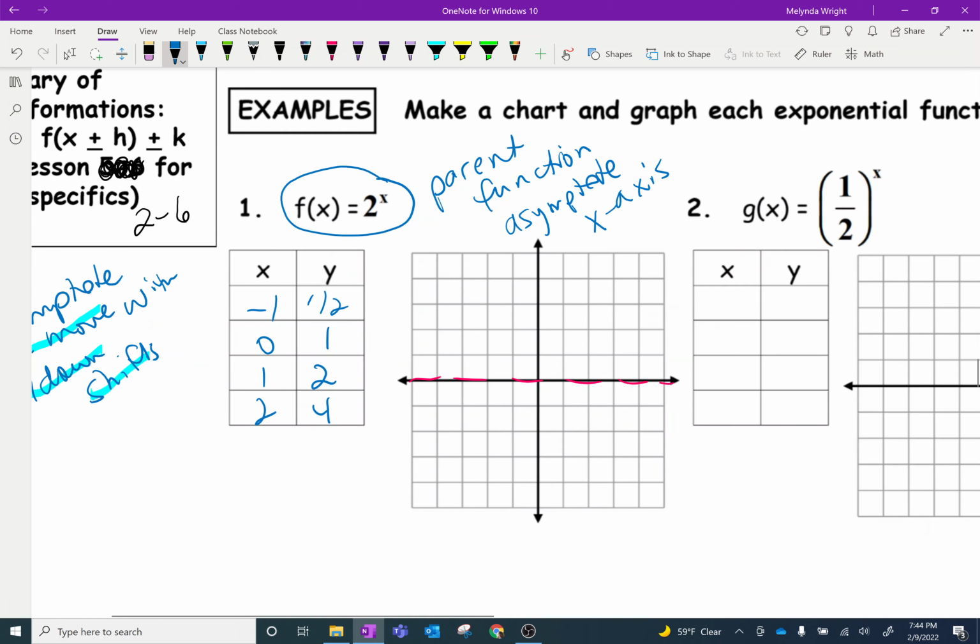So we've got -1 and then 1/2. Then we have 0, 1. We have 1, 2, and 2, 4. Okay, so here's our graph. It kind of goes flat right there. Okay, so that's a parent function graph.